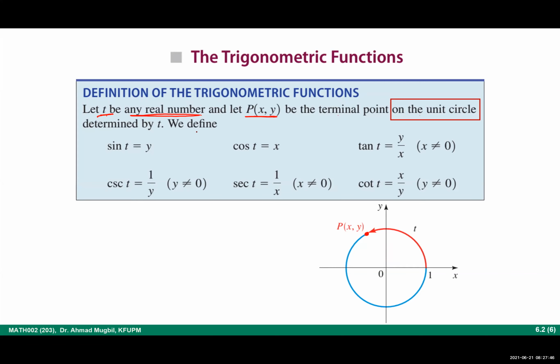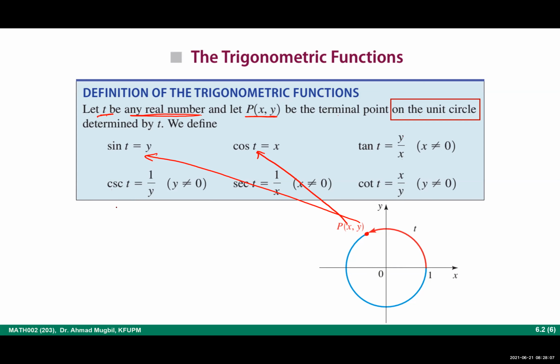Then sine t is y over r, but r is 1, so it is y. The y coordinate is sine, the x coordinate is cosine, and tan, of course, is y over x as before. Cosecant will be the reciprocal of sine, and so on.